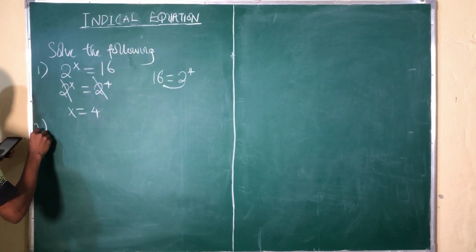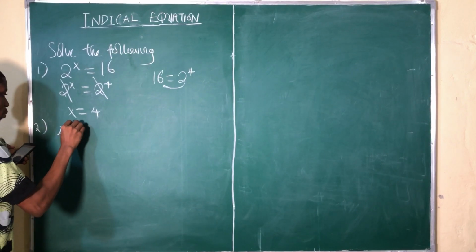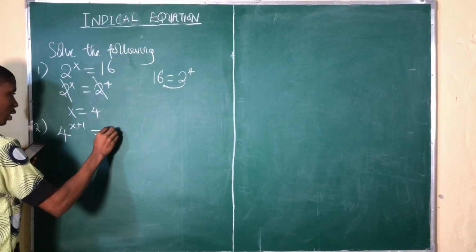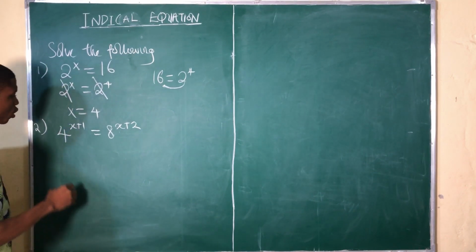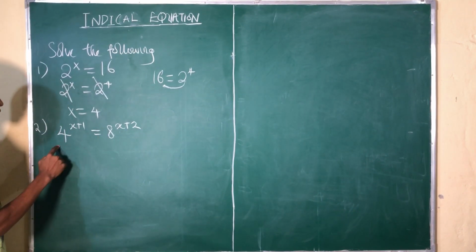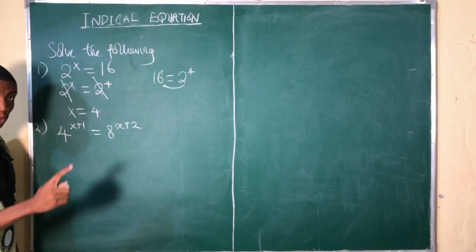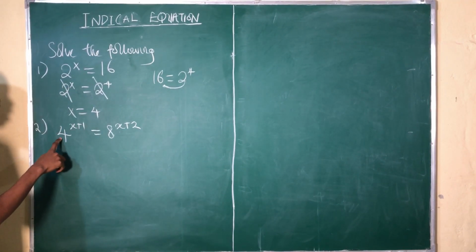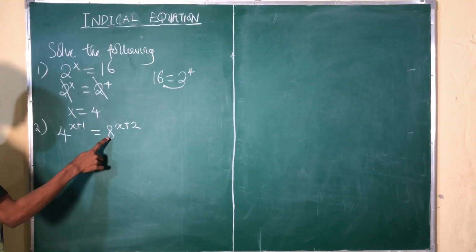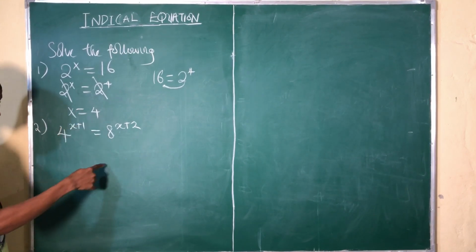Let's take the second one. Of course, we have 4 raised to the power x plus 1 is equal to 8 raised to the power x plus 2. Now we said make the left-hand and the right-hand side look the same so you can successfully cancel them out, right? Now we can express 4 as 2 raised to the power 2, and we can express 8 as 2 raised to the power 3.